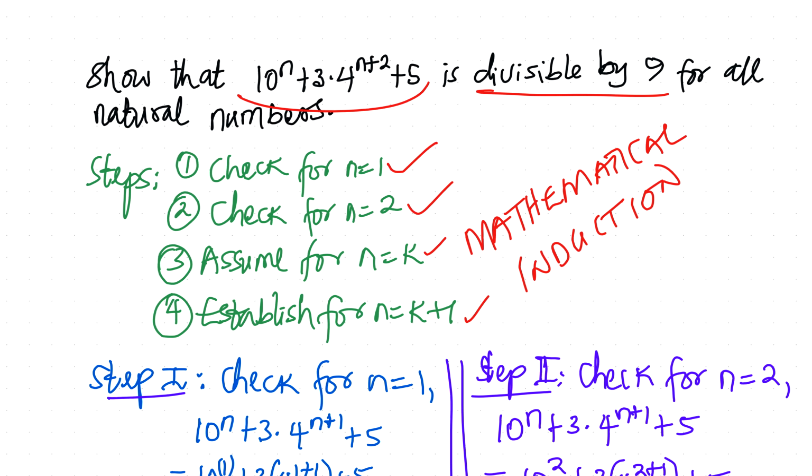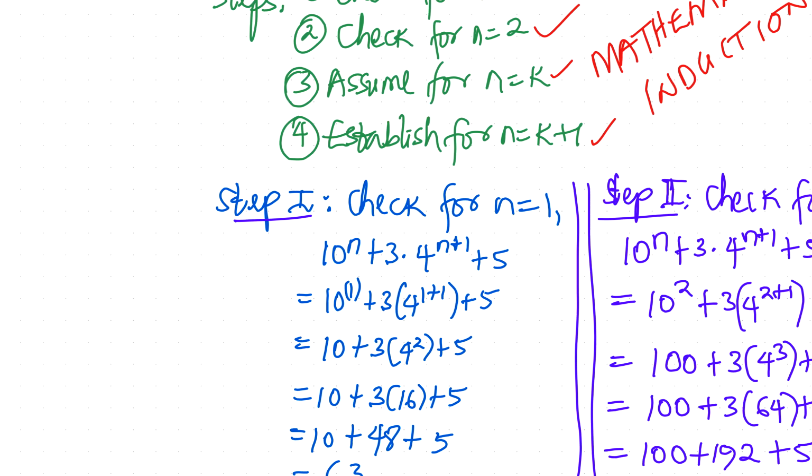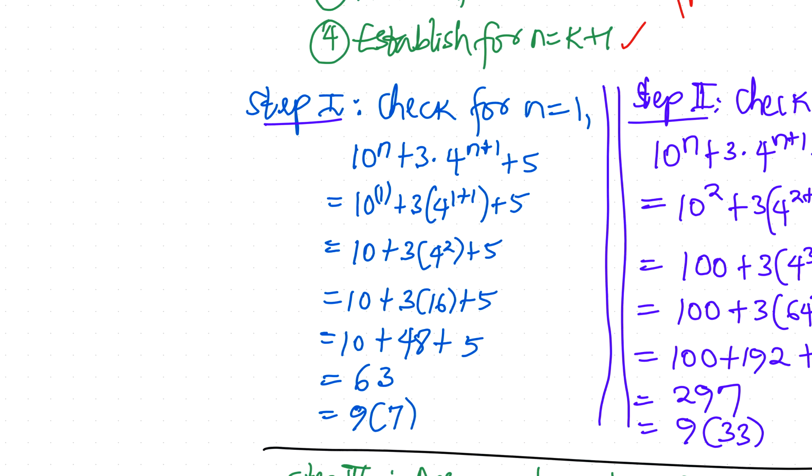So step 1 is to check for n equals 1. The expression is 10 raised to the power n plus 3 times 4 raised to the power n plus 1 plus 5. To check for n equals 1 means to put 1 for n. So you have 10 raised to the power 1 plus 3 into 4 raised to the power 1 plus 1, because n is now 1, plus 5. 10 raised to the power 1 is 10.